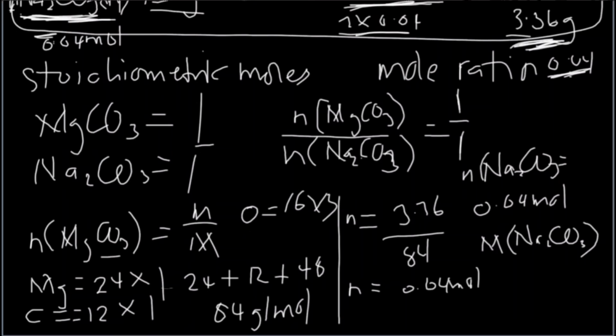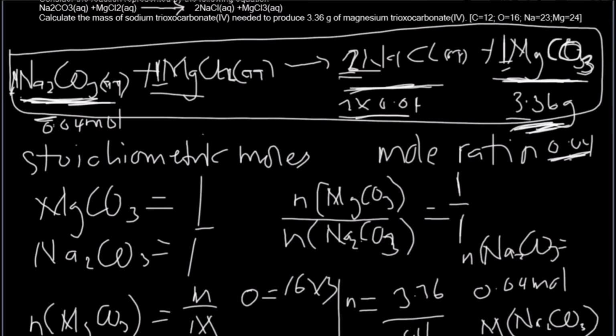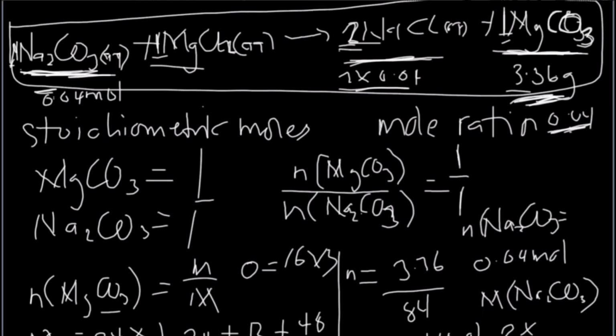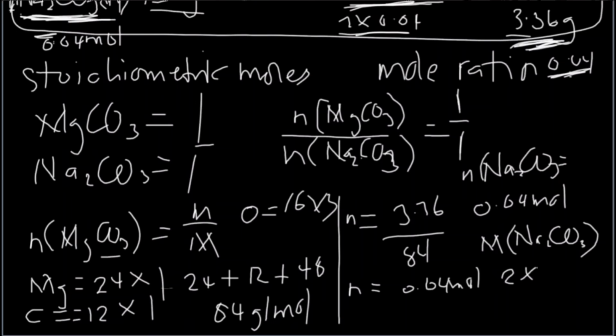So the molar mass will be, we have 2 of sodium. So sodium, Na, is 23, so 2 times 23, plus C, we have only one C, so 12, plus O. Oxygen, we have 3 of O, so 3 times 16.